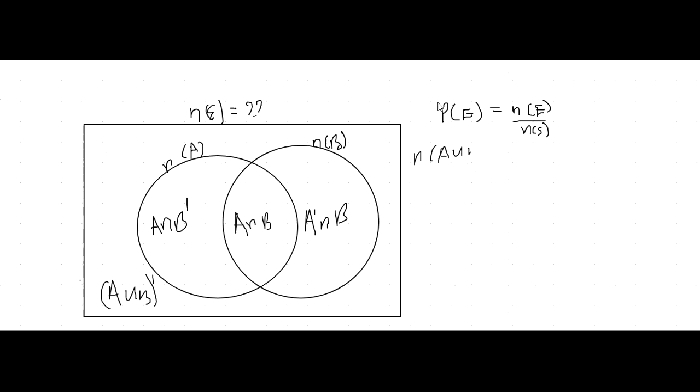If we want to find the union of A and B, what do we add?